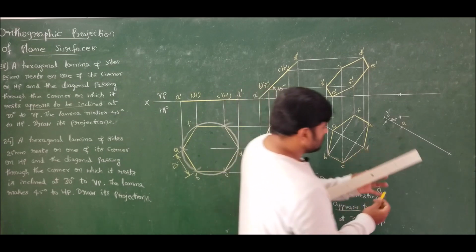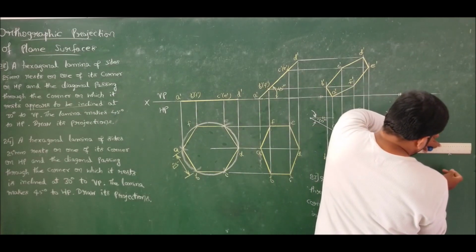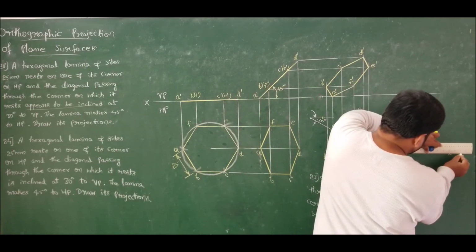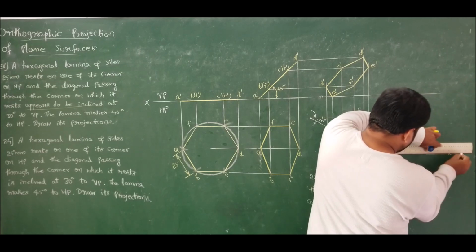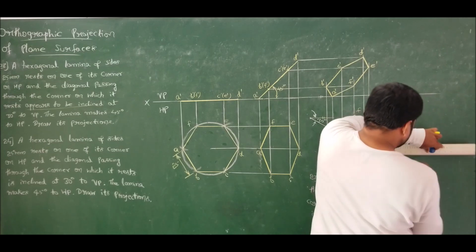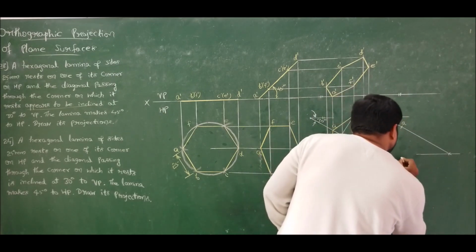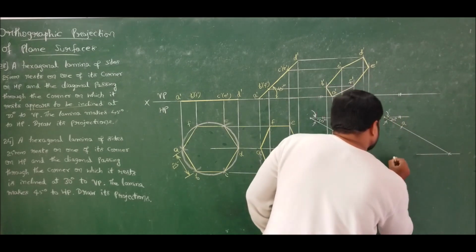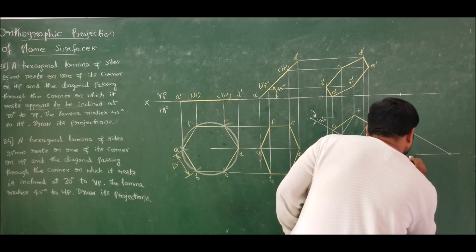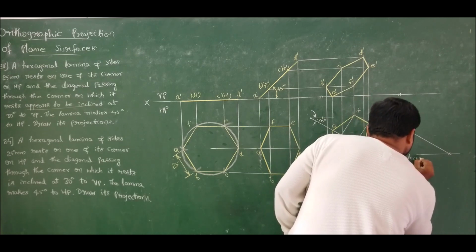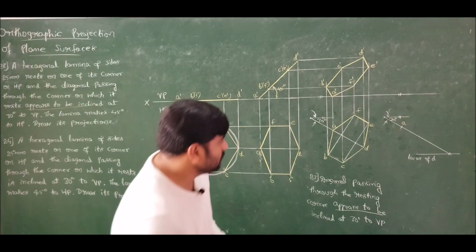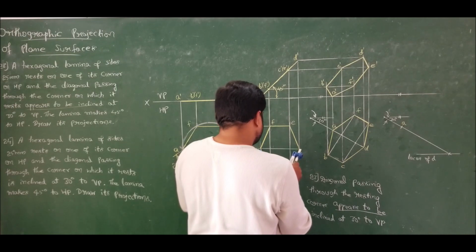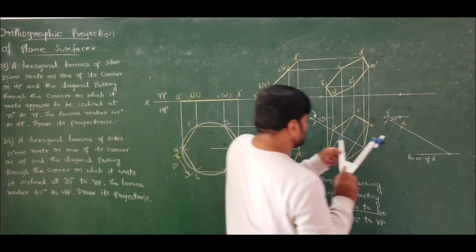Now fix the locus of D. So this is the locus of D. Now intersect this locus by using the apparent diagonal length. We know the apparent diagonal length.